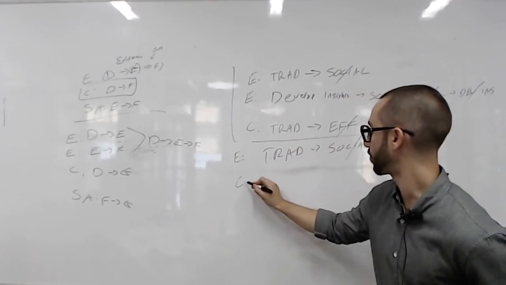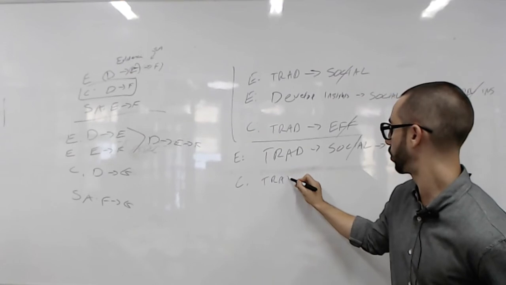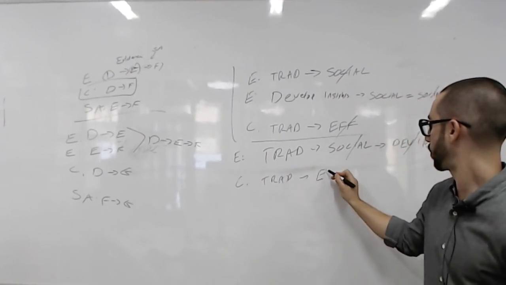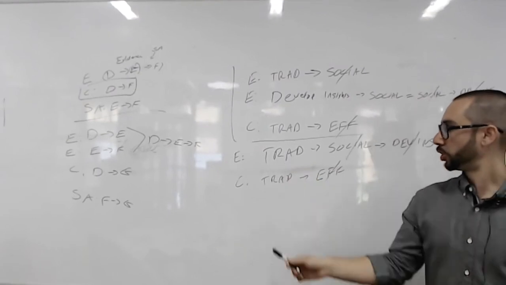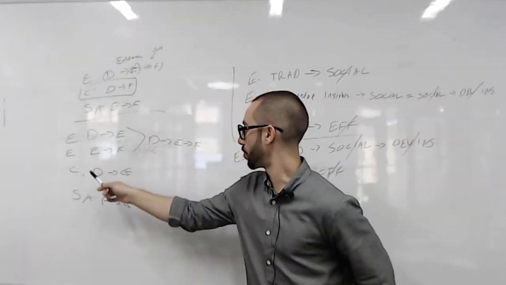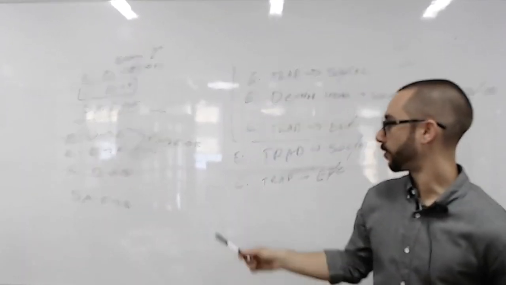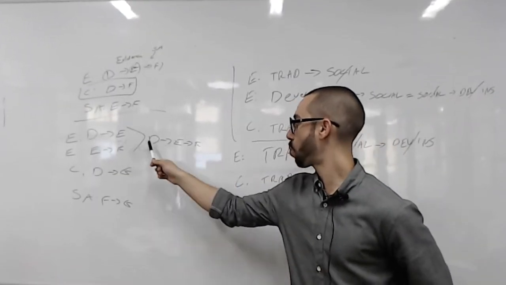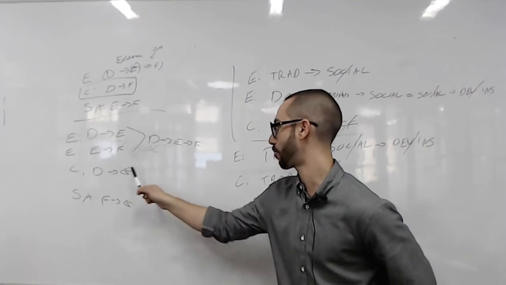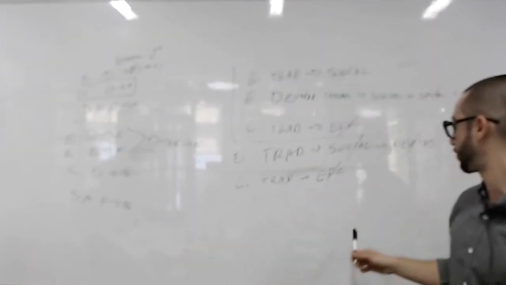Our conclusion remains the same, traditional, then not effective. So these are the same, just like these were the same. And so we add in the new conditional going from top to bottom when the sufficient conditions are the same. So F arrow G becomes our sufficient assumption.